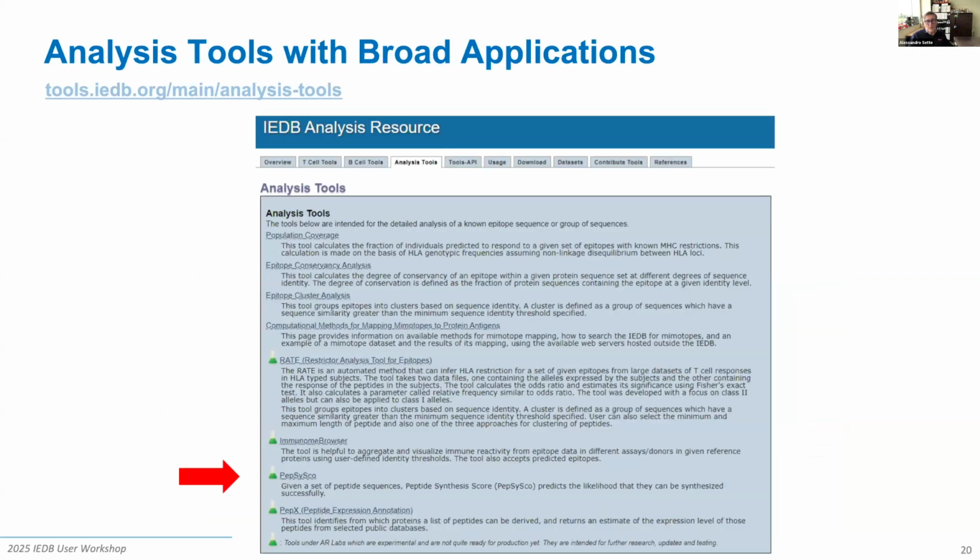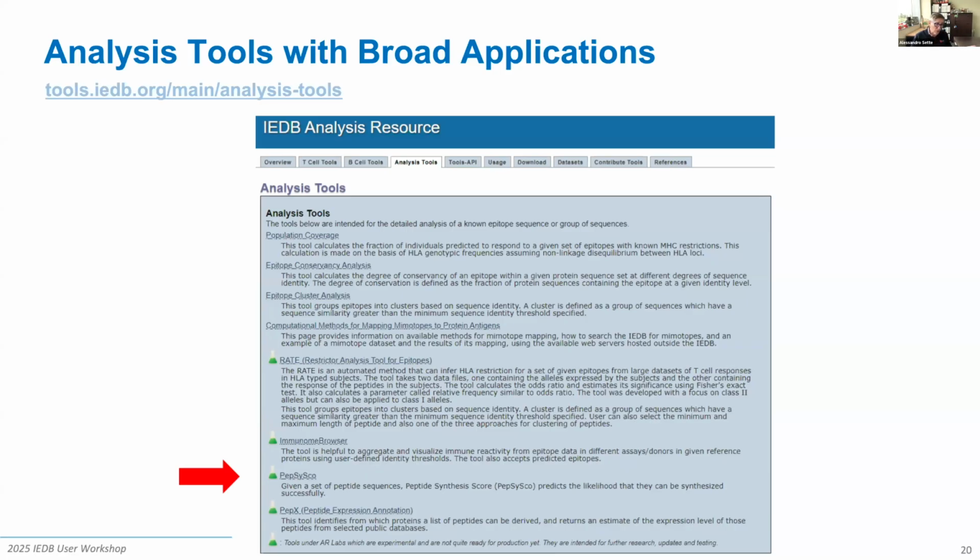Another tool is the PepSysco tool, and basically this is a tool that predicts how easy or not it is to synthesize particular peptides.